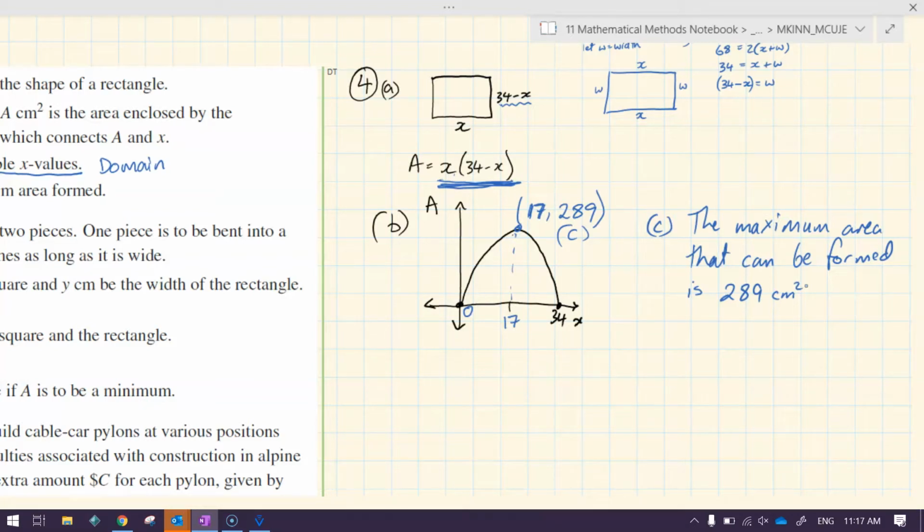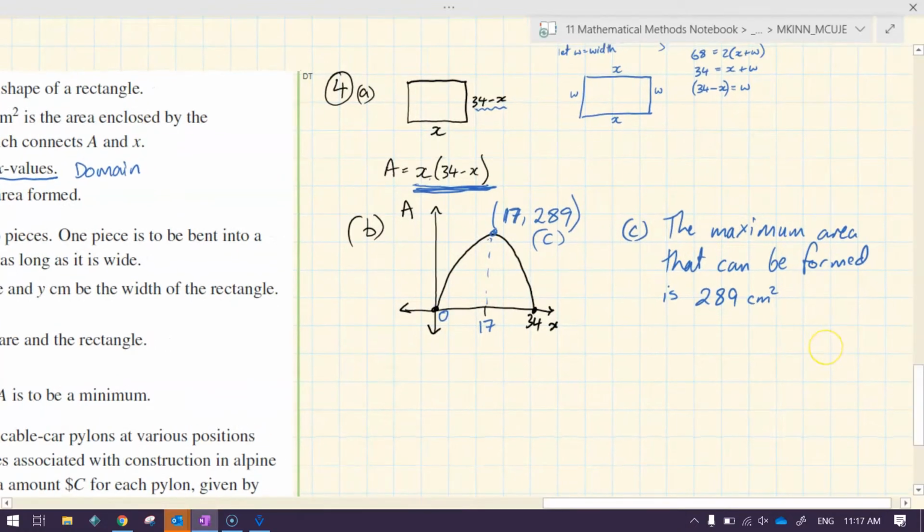I still will say centimetres squared from time to time, but try and correct yourself because it's better to be precise than not. It didn't ask us what the dimensions were, but we could add it in at that point, where the length equals the width equals 17 centimetres.